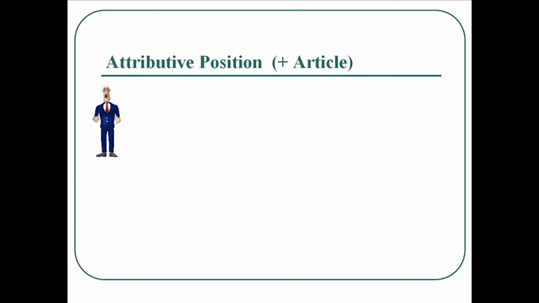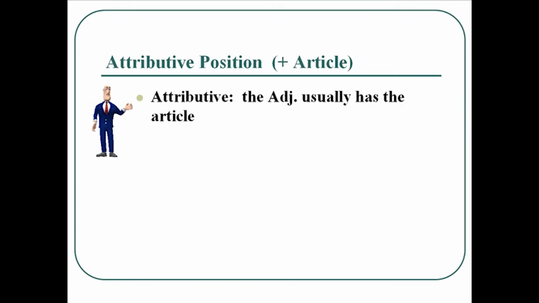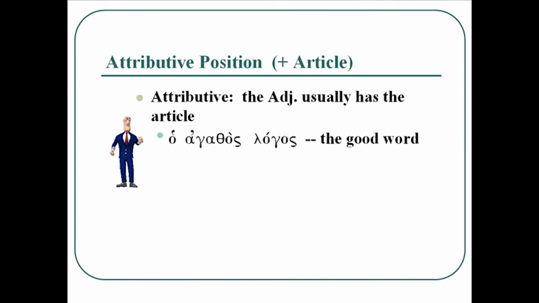Generally, the adjective in the attributive position has the article. Now that can come in several ways. It can come with a noun with the article or a noun without the article. But the attributive adjective often has the article. So, for example, ho agathos logos means the good word.